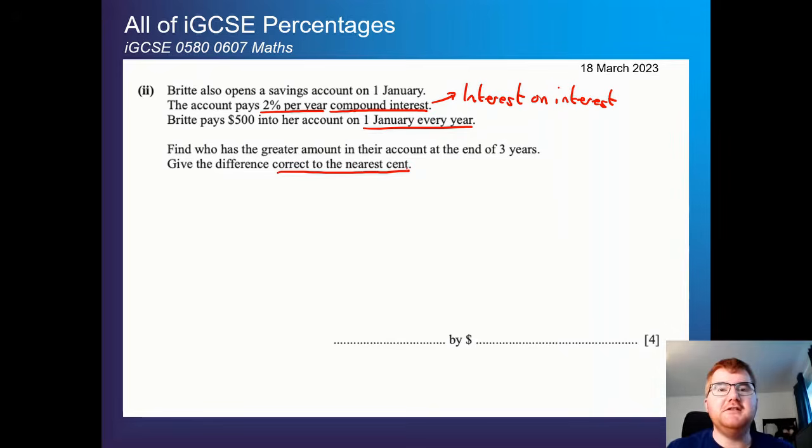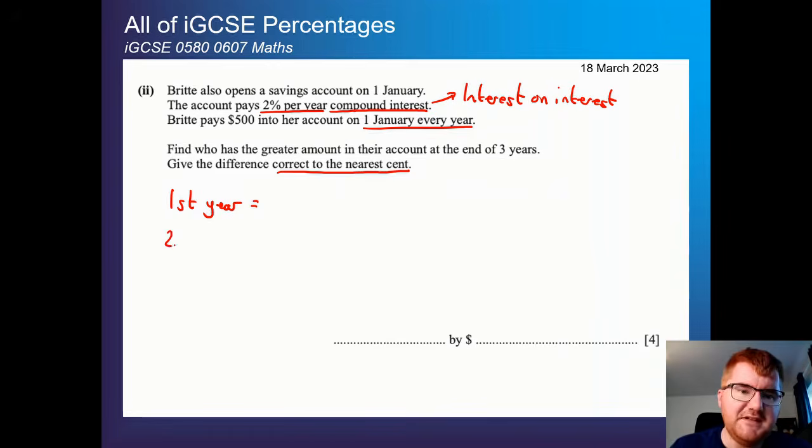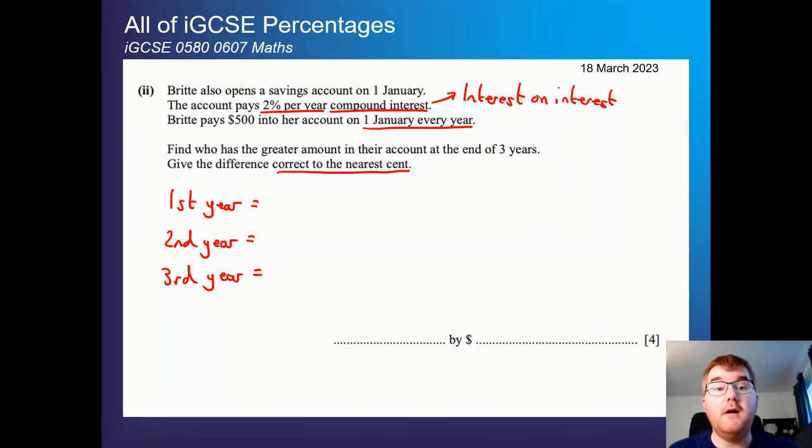So the first thing we need to do is work out how much Britta has after 3 years. So in this kind of problem, we can just structure this by working out the first year, and then the second year, and then the third year as well. So there is a formula for compound interest we need to be aware of.